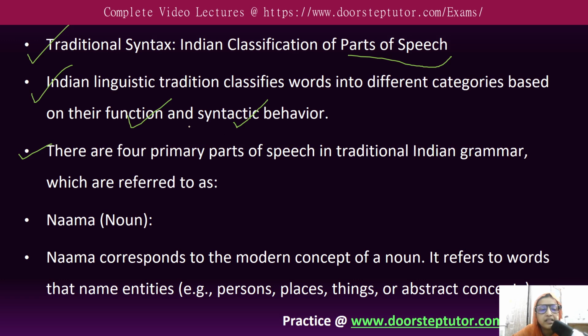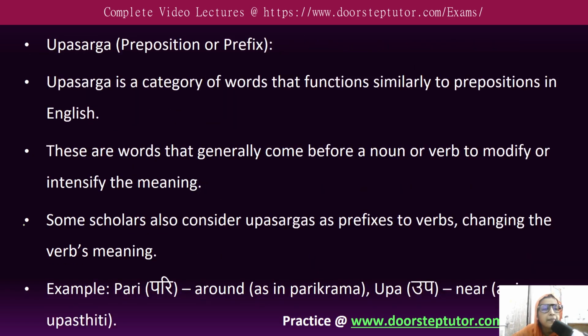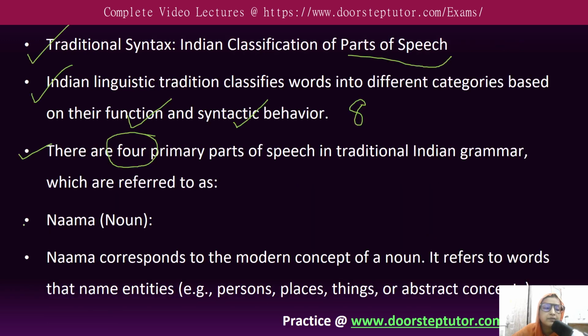Remember, there are 4. According to the English one, there are 8, but over here there are only 4. Which ones? The first one is the noun, the second is the verb, the third is the preposition or prefix, and the fourth is the particle. Okay, these are the 4 types of part of speech in traditional Indian grammar. Now we will look into each one of them one by one.